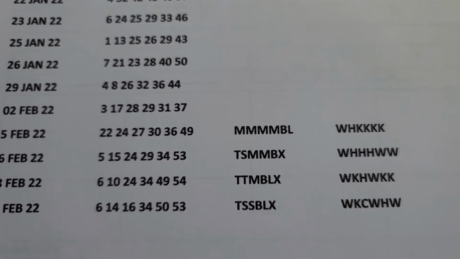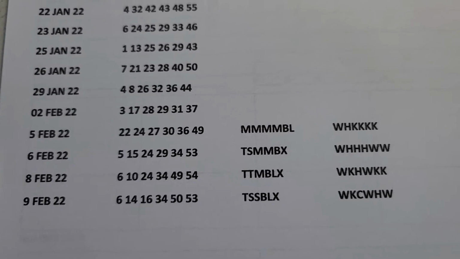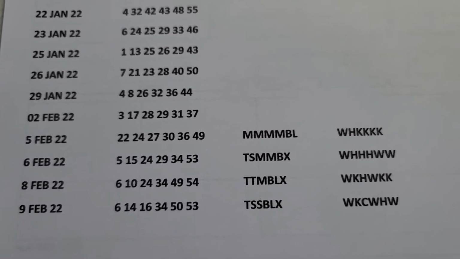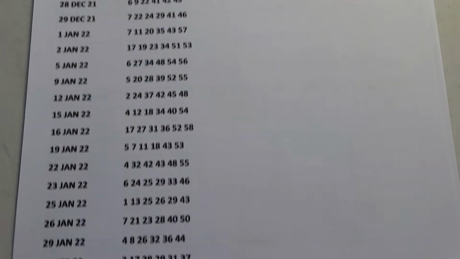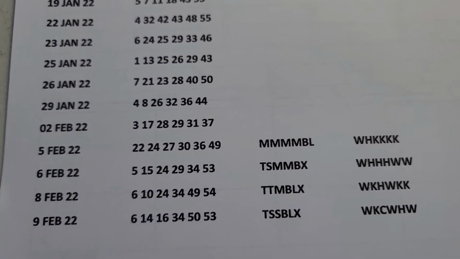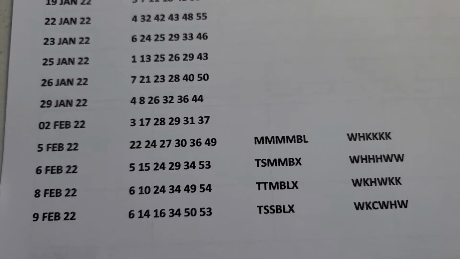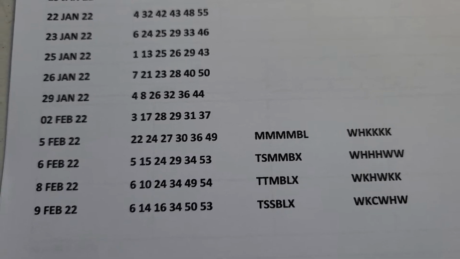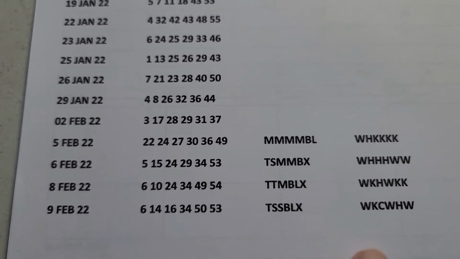So these are the important documents that you need, and this is how to read them. And after every draw, again, you need to add. The next draw for this lottery will be on the 12th. So when the 12th of February comes up, all of the numbers that come out will be added here.